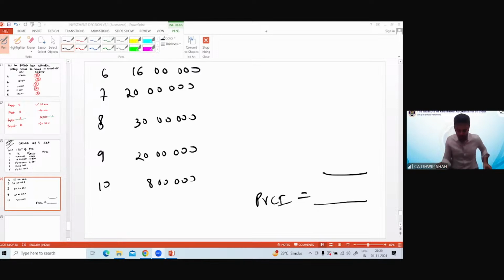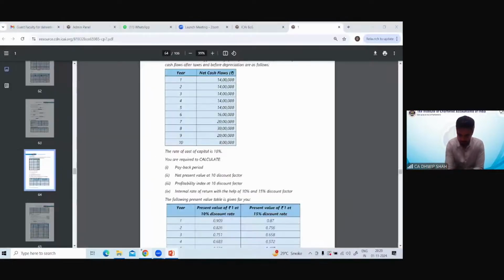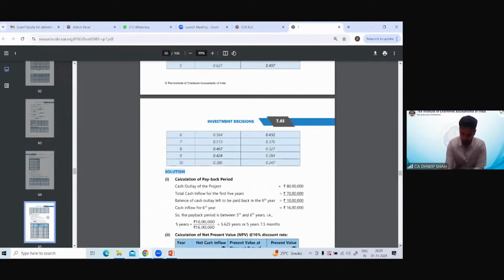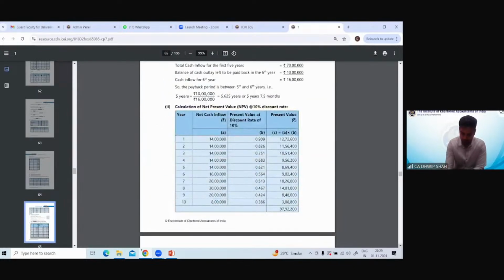What doubt do you have, Hardik? Rest all you can try to calculate PVCI. Check with the solution as well.